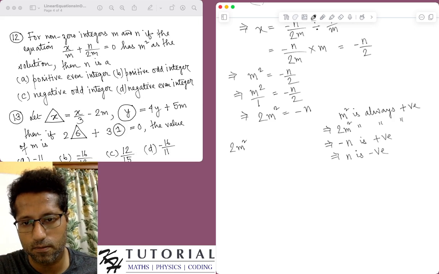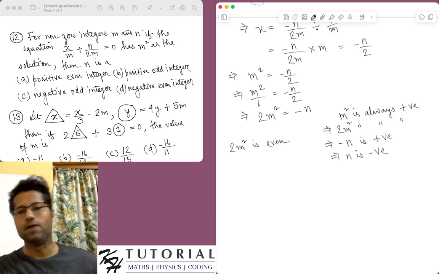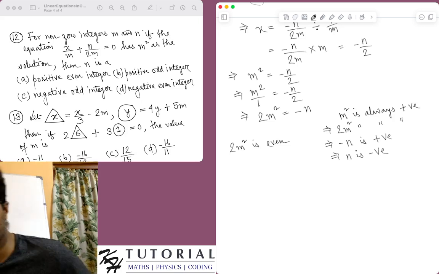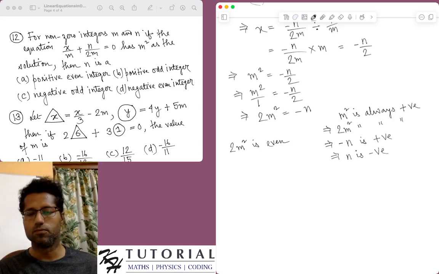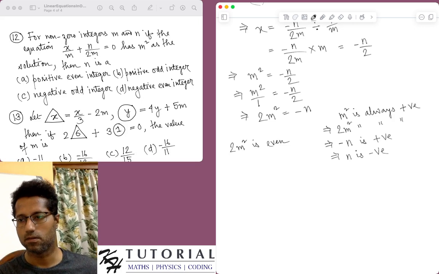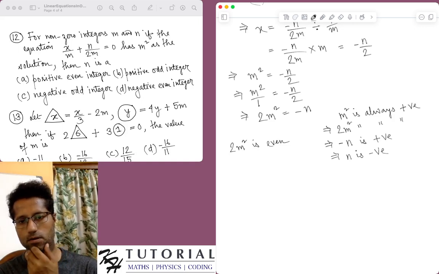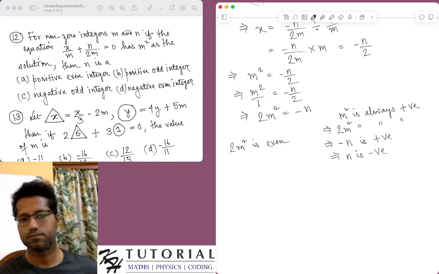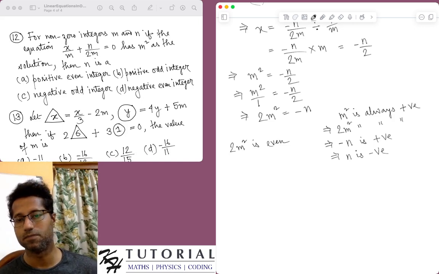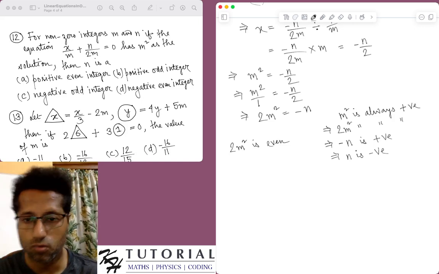2m square is even, because we have a factor of 2. A number of the form 2n, where n is whatever integer or whole number, is always an even number, because it is always divisible by 2. 2m square is even.